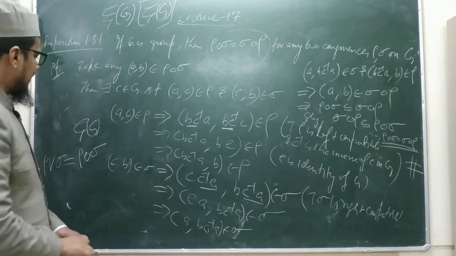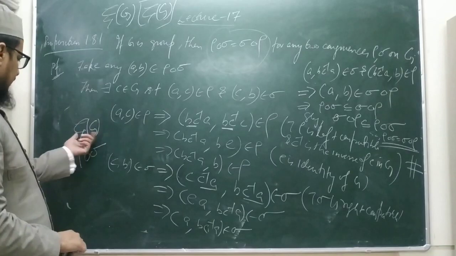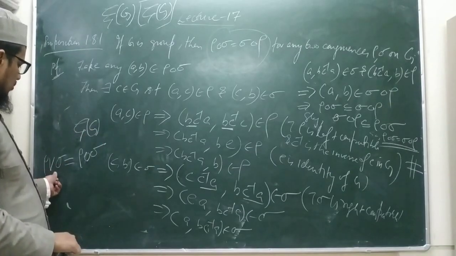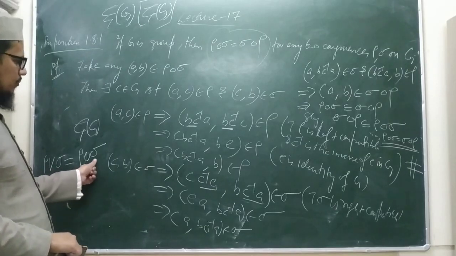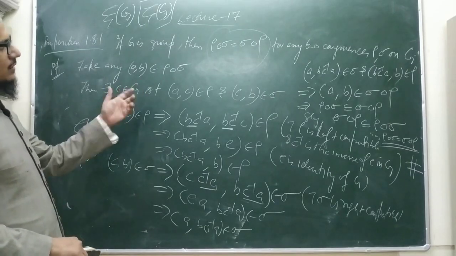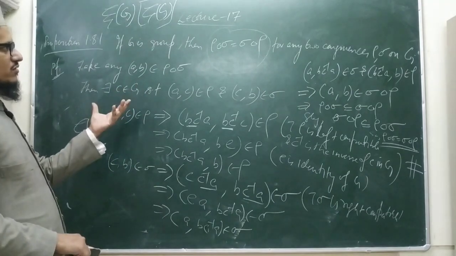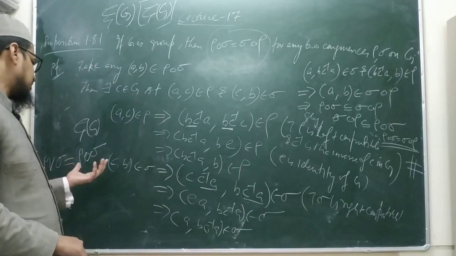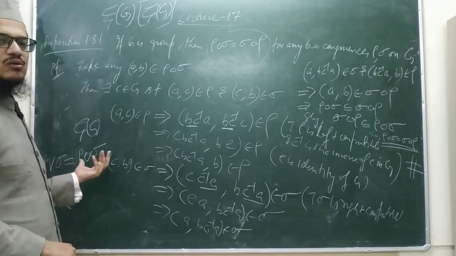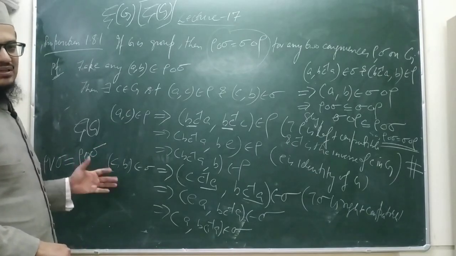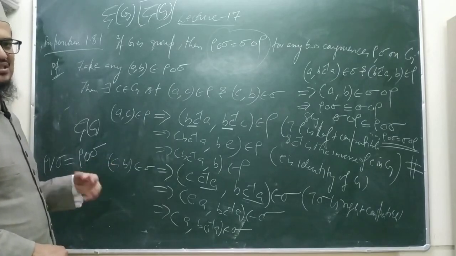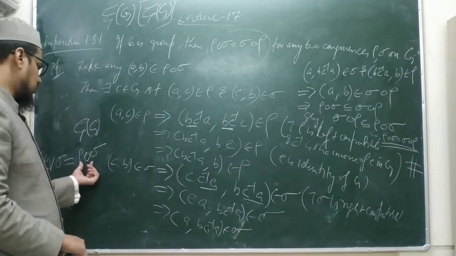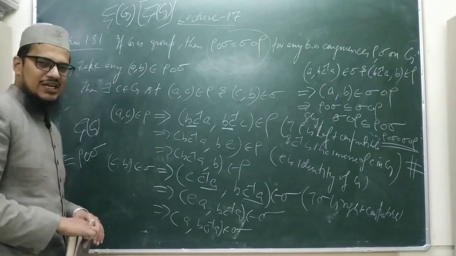When we take the lattice of congruences on a group, and when we calculate the join of two congruences, that is rho join sigma, it will be equal to rho composition sigma. As we already saw, when rho and sigma are congruences on a group, they commute with each other, and we have seen in the previous corollary 1.5.12 that when the congruences commute with each other, then the join will be rho composition sigma. That I want to say.